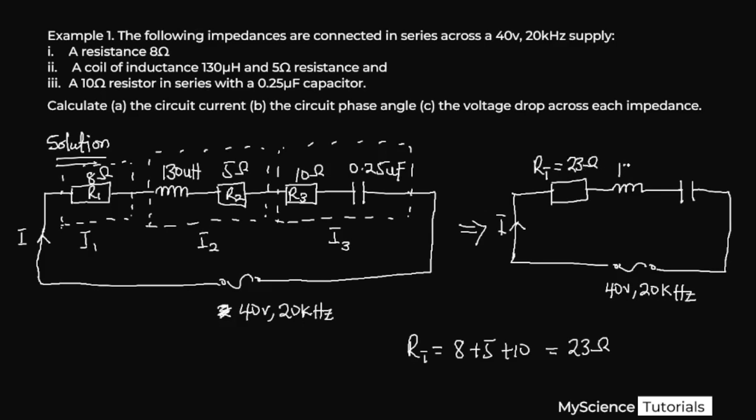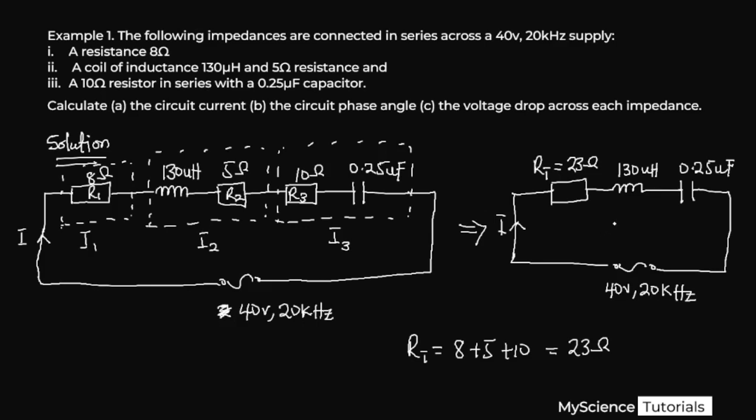Our inductor is still going to be the same, 130 microhenry, and then our capacitor is going to be 0.25 microfarad. So this is now a simpler version of the entire complex impedances that we have over here. Now from here we can go ahead and calculate whatever the question is asking us to do. The first thing we were asked to do is to find the circuit current.